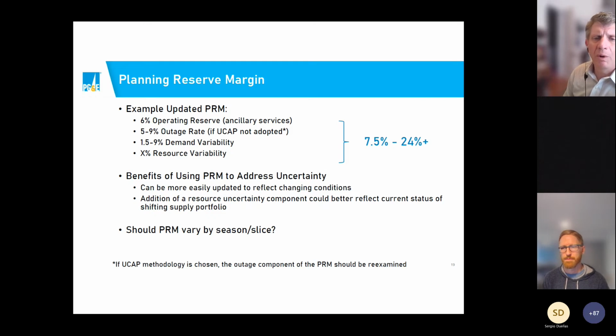If the LOLE is higher than what the target is, or lower for that matter, you could then adjust the planning reserve margin to be able to nail it to those values. So I don't know, Noah, is that helpful in explaining the way we're thinking about it?